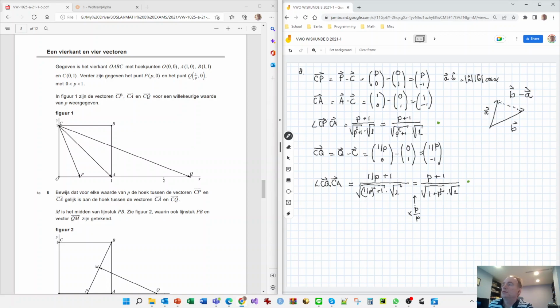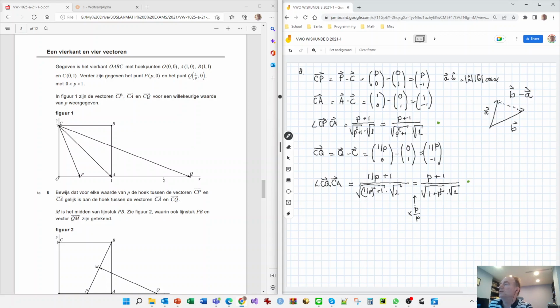So just plug in what we know. We can find this expression for P minus C, this expression for CA, which is A minus C, and then we calculate the inner product divided by the magnitudes of each vector.